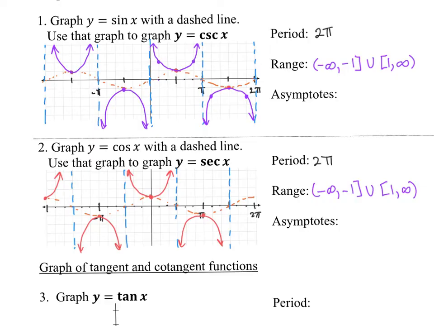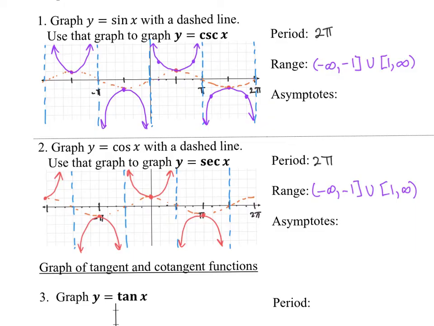Now for the asymptotes, I'm actually going to write an equation for all of the asymptotes. First let me look at cosecant. I'm looking for the pattern first, and then I'll figure out where they are. There's x equals 0, x equals pi, x equals 2 pi, probably at x equals 3 pi, x equals 4 pi, and so on.